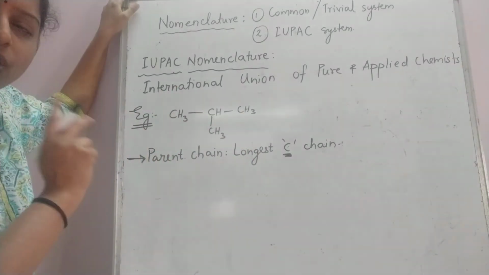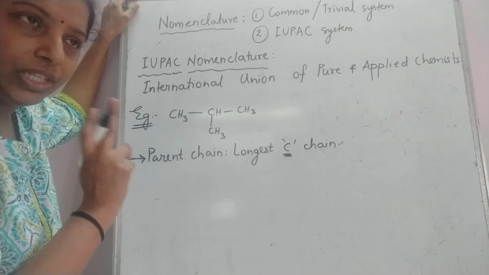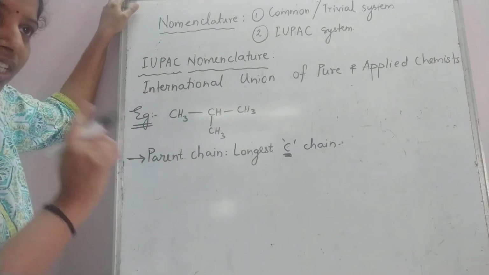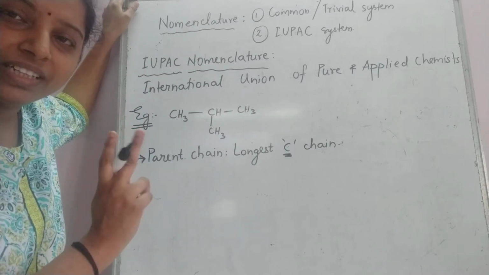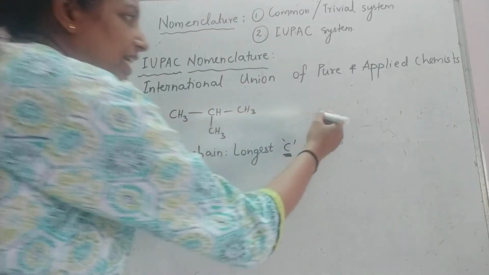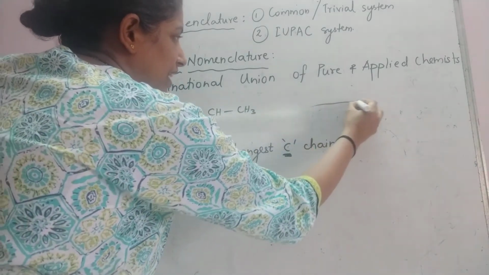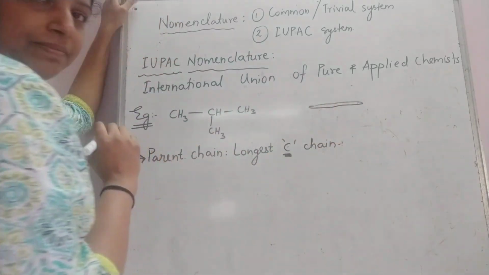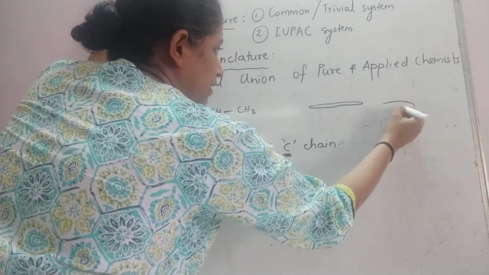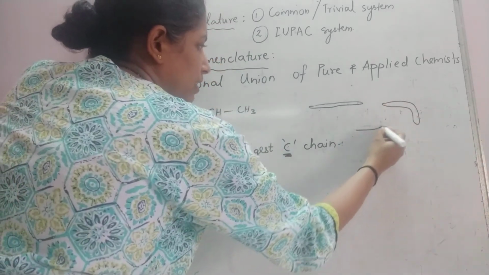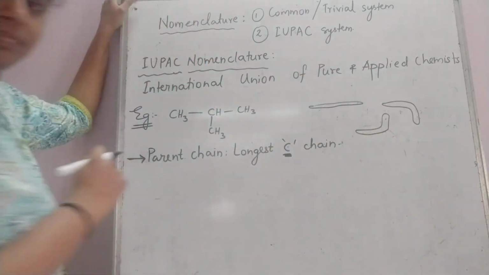Now when you are marking this longest carbon chain or parent chain, remember that it should look like a snake. A snake can be like this, like this, like this.